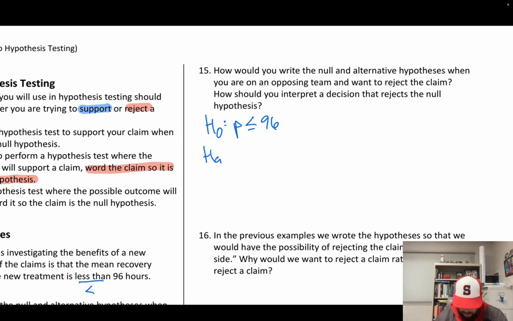Our HA: p is going to be greater than 96. And this is our claim, because we want to reject that claim. Based on what we're seeing, it's less than 96, so we're going to write it so that our null hypothesis is the claim.